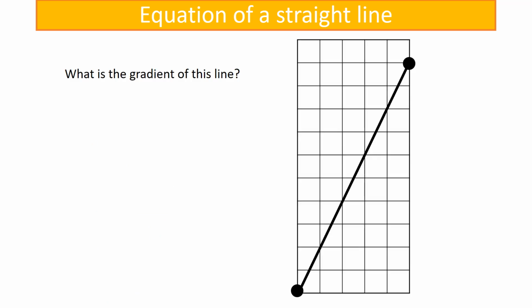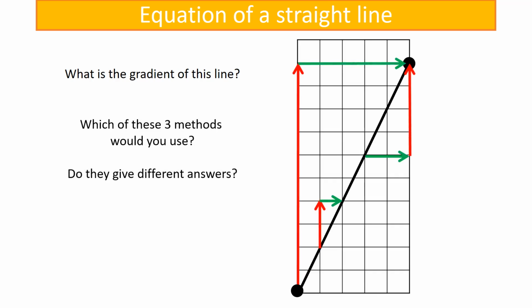Now I would like you to look at this example, and I need you to be aware of the fact that it doesn't really matter how big your triangle is. So for example, I've got 3 different sizes here, and the gradient that I'll be getting using the 3 triangles will be the same in every single case, because the gradient of the line does not change. If I look at the biggest triangle, the change in y is 10 and the change in x is 5, then the gradient will be 2.